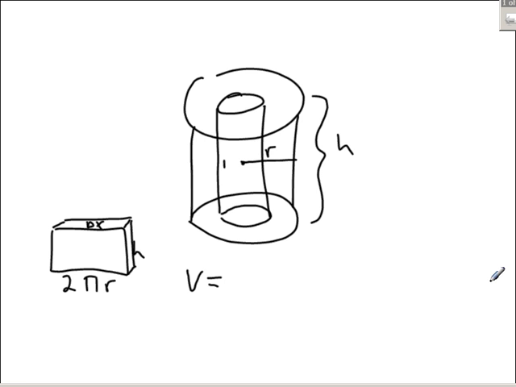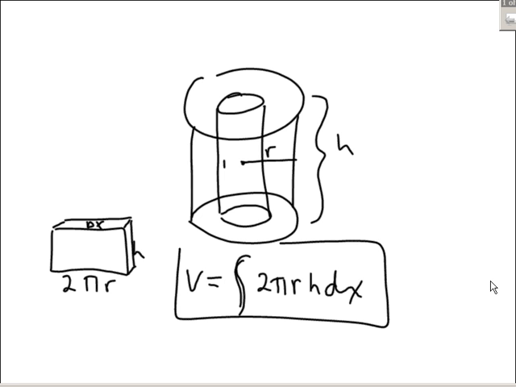So you multiply the three sides, and you get 2 pi r h delta x. Then when we add them all up, we put an integral, and instead of delta x, we put dx. In any case, this here is the formula.